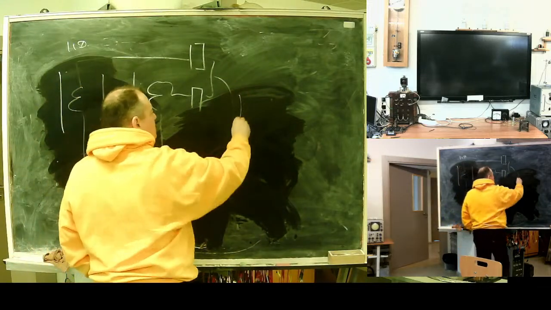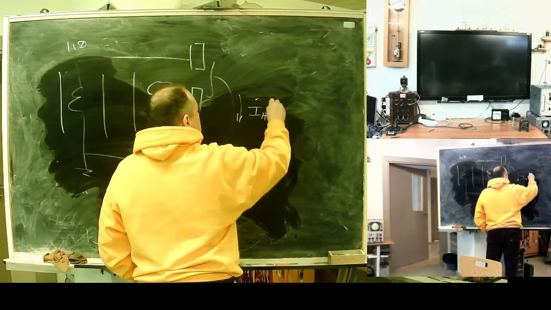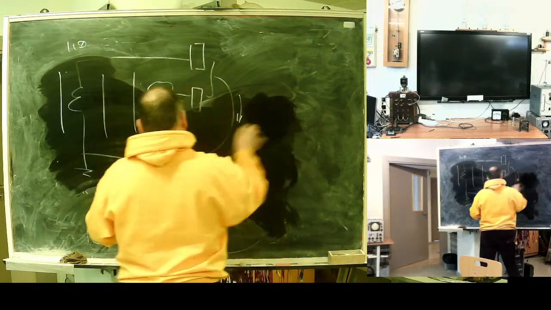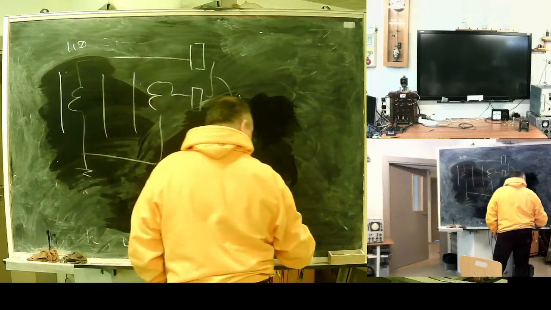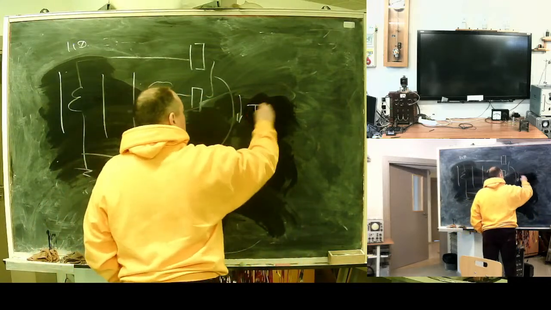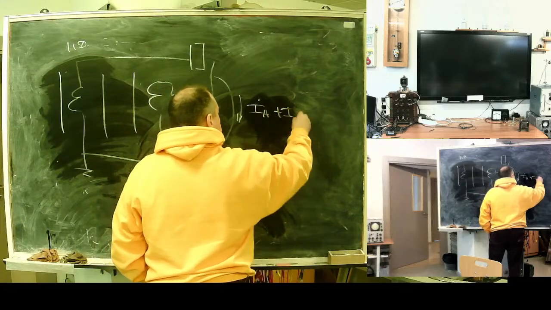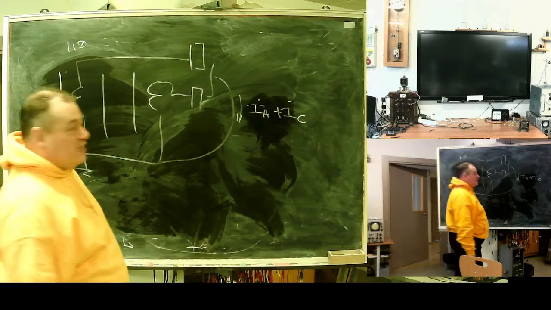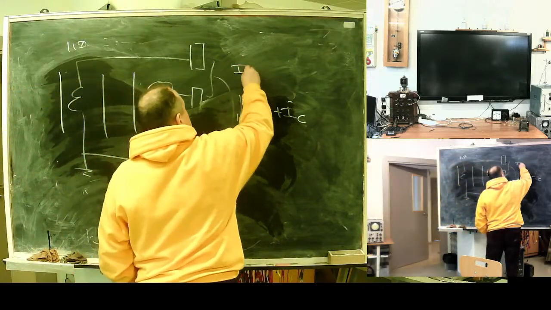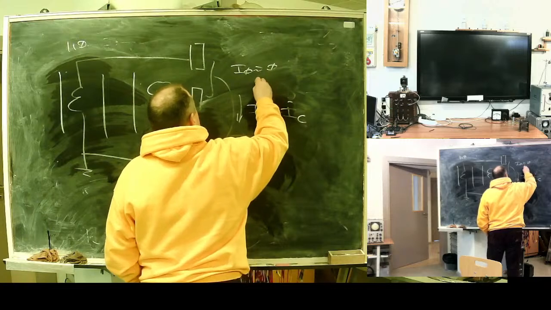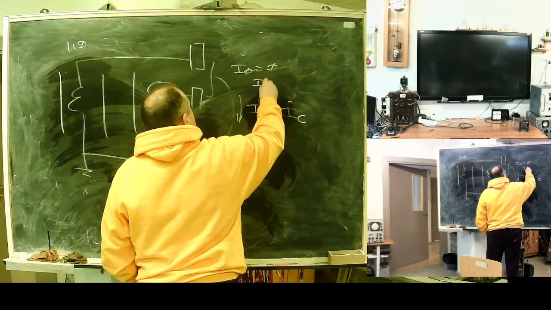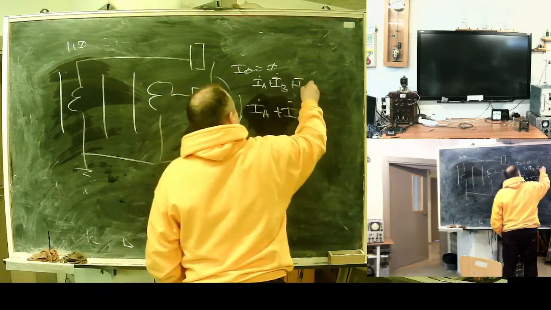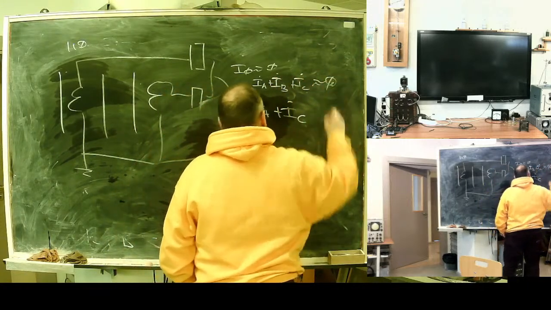What is this current? It's a vectorial sum, A plus C, yeah? But we have isolated neutral. E0 approximately 0. So IA plus IB plus IC approximately 0.